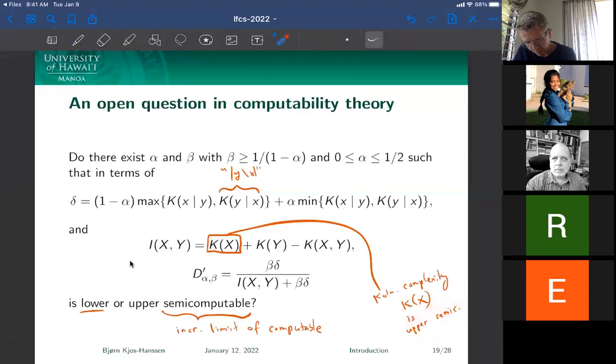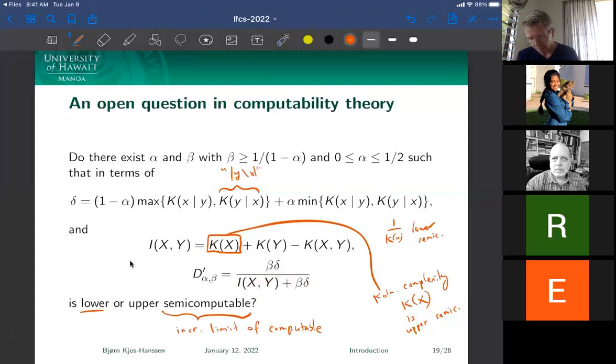Okay, so this involves something that's upper semi-computable. On the other hand, we have things both in numerator and denominator, so that could be a problem, because if we can approximate something from above, then 1 divided by that we would only approximate from below. So 1 over K of X would be lower semi-computable. And if you make a fraction of them, it probably is neither.